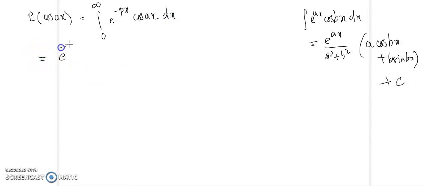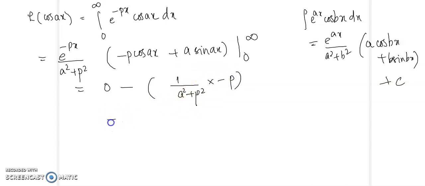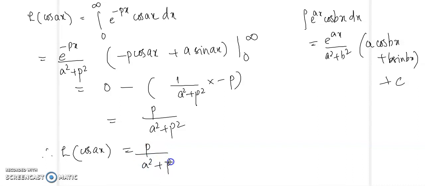Upon integrating, you will get e raised to minus px by a square plus p square, times minus p cos ax plus a sin ax, from 0 to infinity. So at infinity, e raised to minus infinity is 0, minus at 0 you will have 1 by a square plus p square into minus p. So we are going to get p by a square plus p square. Therefore the Laplace transform of cos ax will be p by a square plus p square.